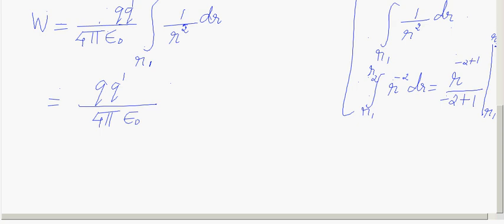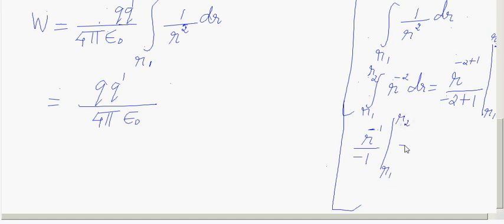So you will get r to the power minus 1 divided by minus 1, limits from R1 to R2.